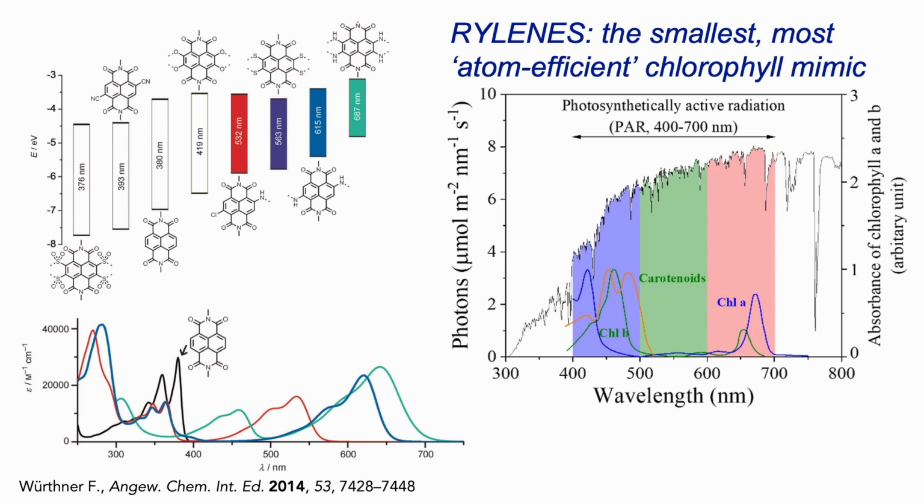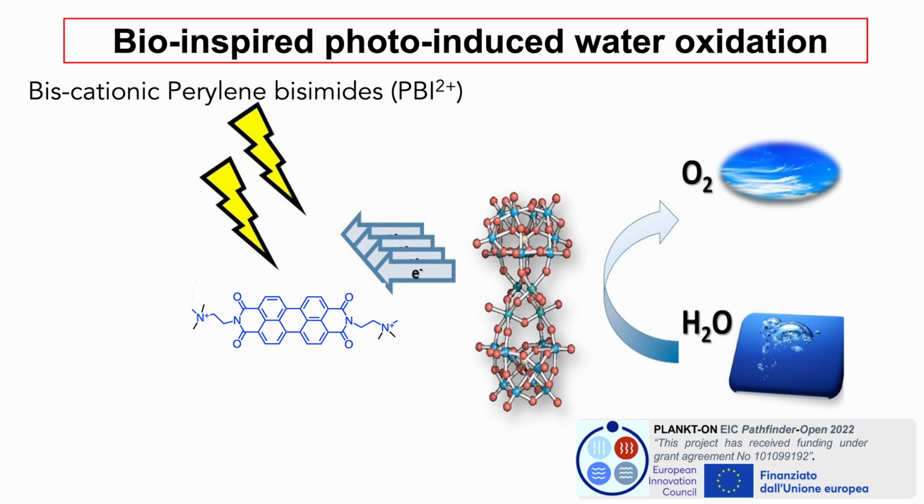And what we did, we turned our attention to this molecule, which is a perylene bisimide. It has an aromatic core, and you see, it's functionalized with 2 positive charges at the very periphery of this molecule, and this is because we need a positive charge in order to organize this antenna around the polyoxometallate.